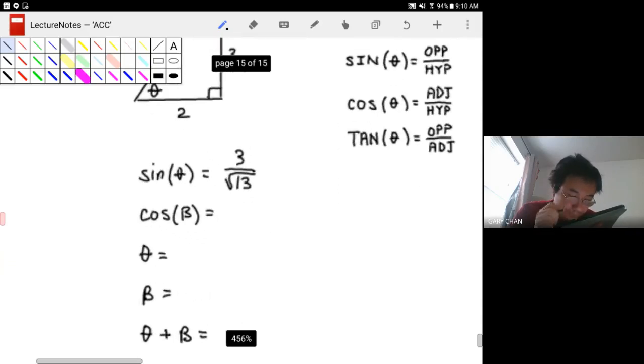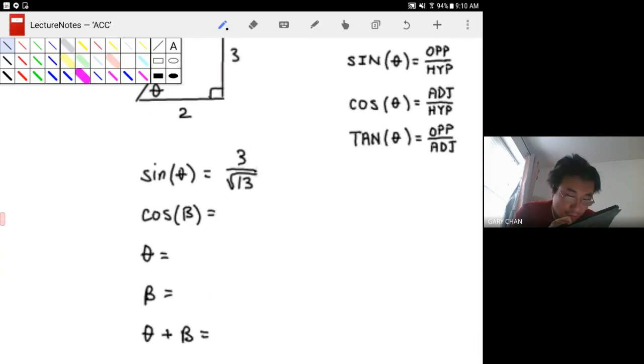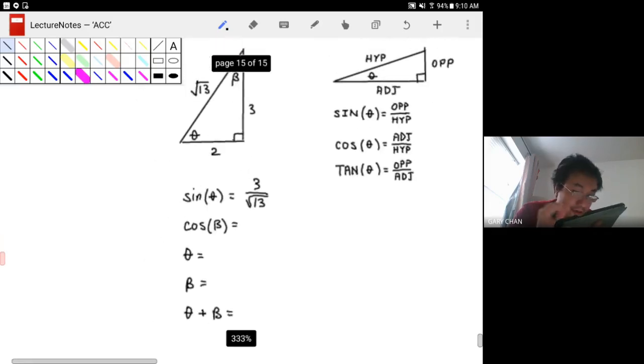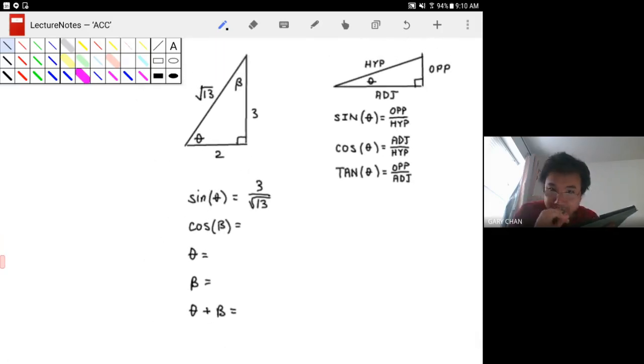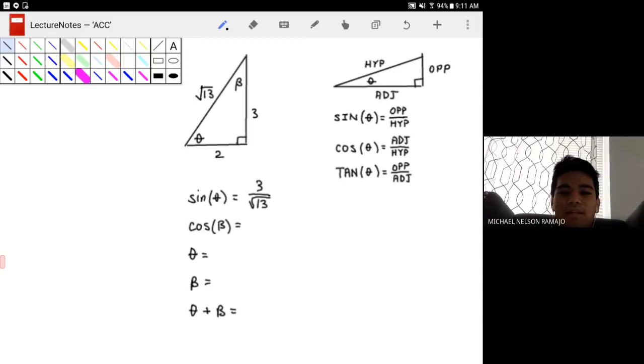On the Regents, not so much in geometry but in algebra 2, there is something called rationalization. I briefly talked about this when we were in school. Does anyone recall what that was? Michael, you remember? It means there's no irrational number like square root of 13 at the bottom.